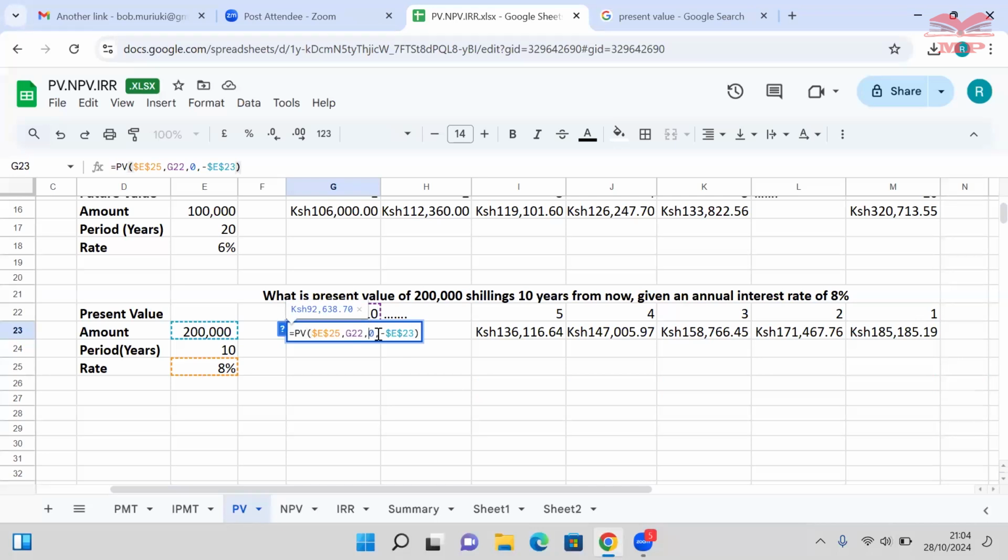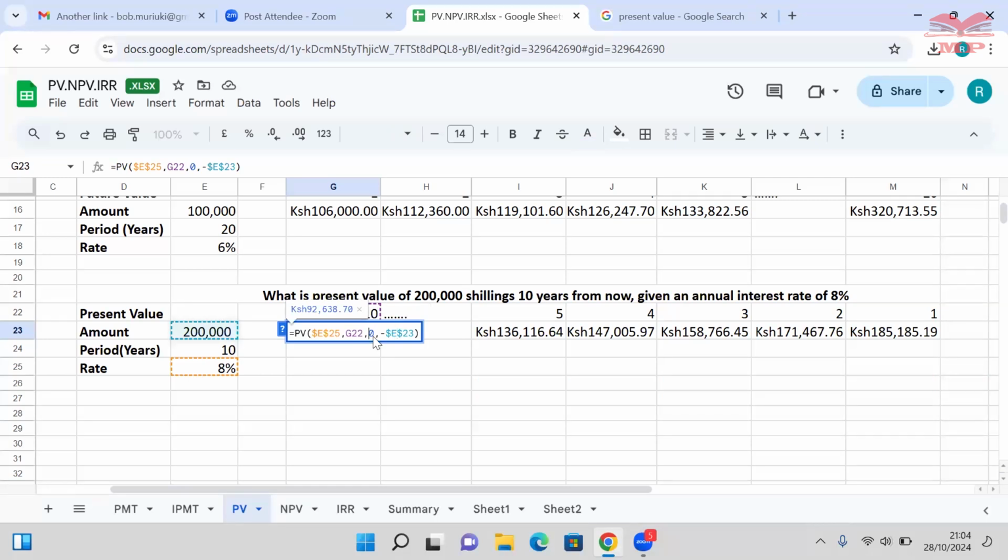Then there will be a zero value here because this will be PMT. If you look at the formula in Excel, you will see that this will be FV, the future value. This will be the value we are looking at. Actually, the FV is this one, the one here. I would like for you to look it up in Excel.